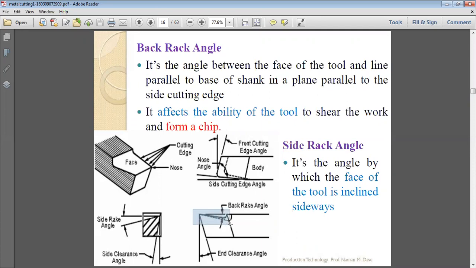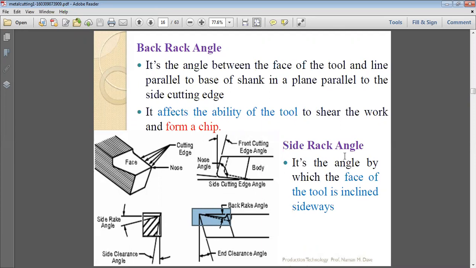With the shearing of the workpiece, chips are formed. So the significance of the back rake angle is that it affects the ability of the tool to shear the work and helps to form a chip.